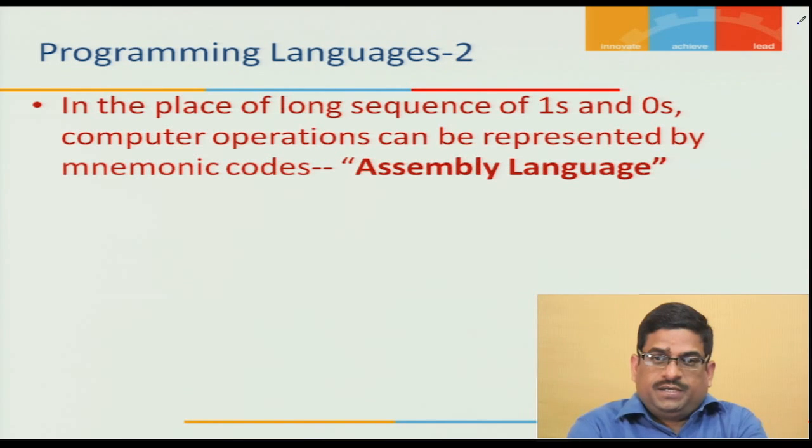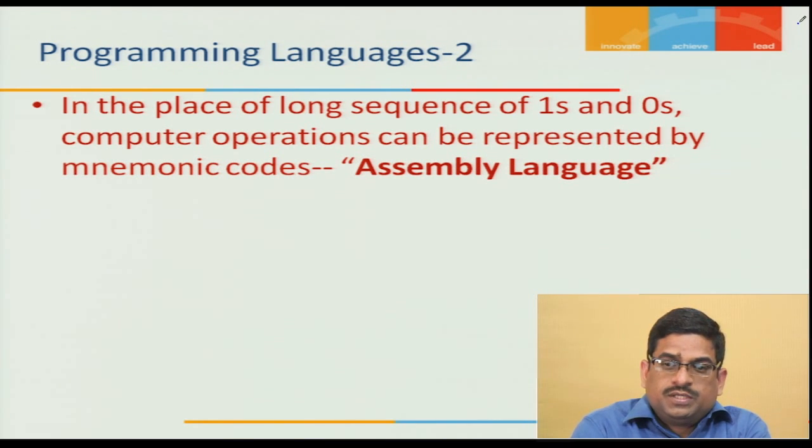So what do we need? A better language in terms of the user, we can say user friendly. So in place of the long sequence of 1 and 0, if we can represent the computer operations with the help of mnemonic codes.